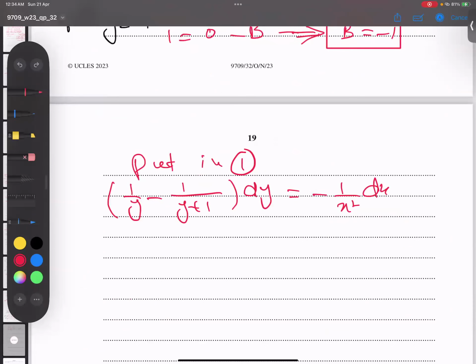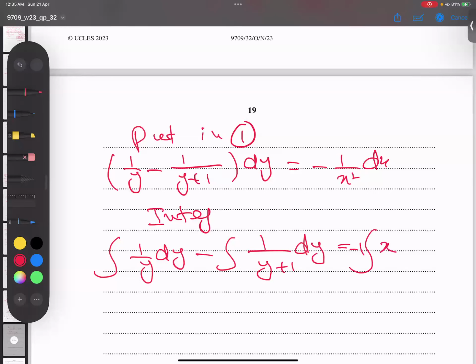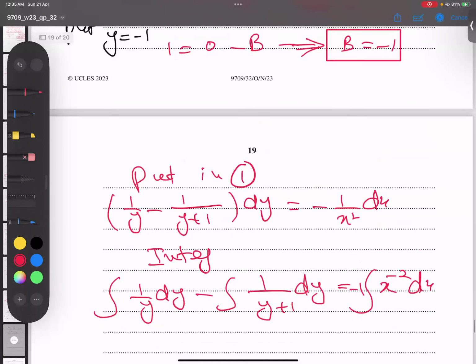Just write a word, integrate both sides. When I integrate the left side, I get the integral of 1 over y dy minus the integral of 1 over y plus 1 dy. And here also integration, but here I will bring x up. You know the basic rule, students: when power 1 is there, we can look at it here.